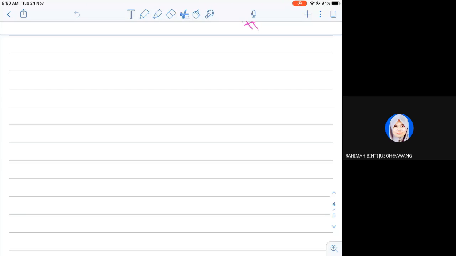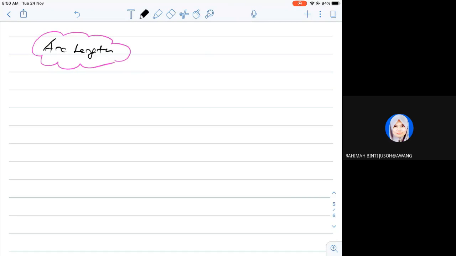Okay, before we solve question number 3, let us discuss arc length. Arc length is what? Panjang lengkuk, kan? The formula is L equals the integral from a to b of the magnitude of r'(t) with respect to t, where the limit comes from the interval of t from a until b.